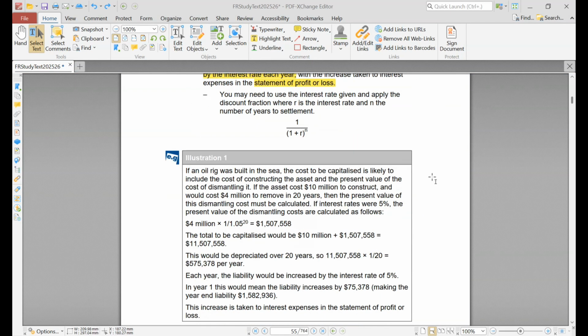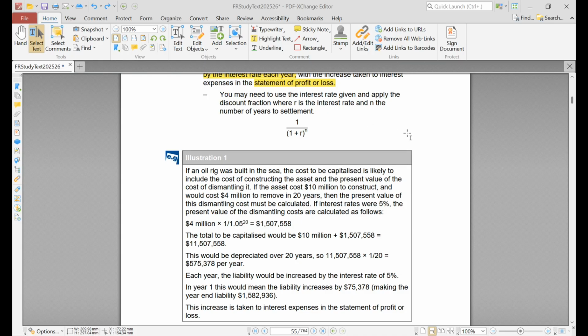Now, you may need to use the interest rate given and apply the discounting factor, where R is the interest rate and N is the number of years to settlement.